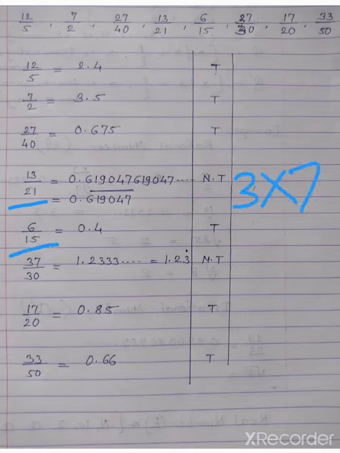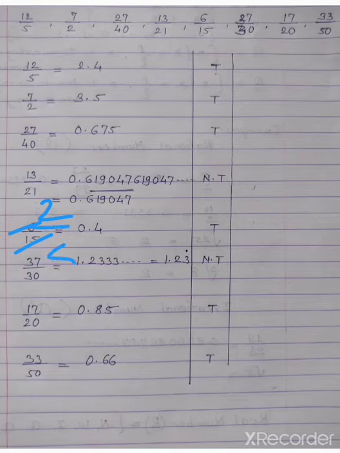Here 15, but before factorizing, we can simplify it. So we will get 3 2s are 6 and 3 5s are 15. Here I am skipping this term because the denominator is now 5 after simplifying. Write down the next one, 30.